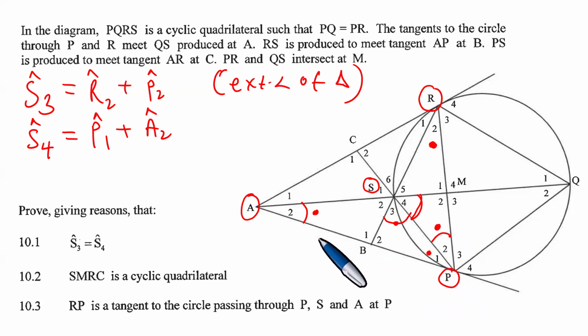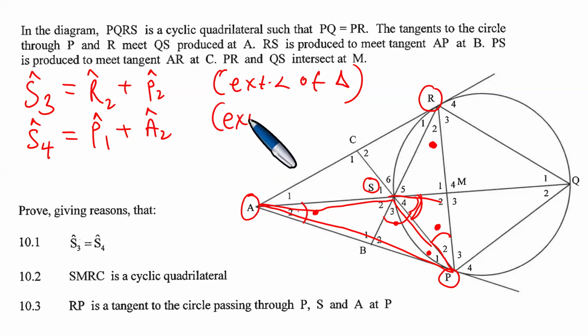And obviously, that is due to the grade 10 results. So we are able to see that the angle S4 is equal to this plus this, and this is the exterior angle of a triangle.